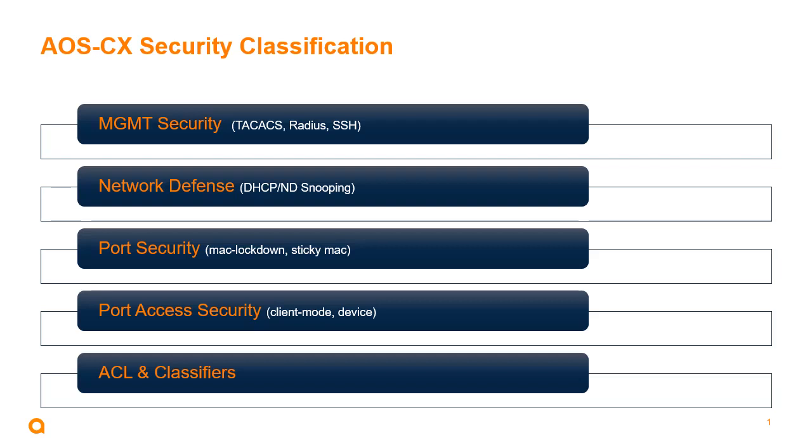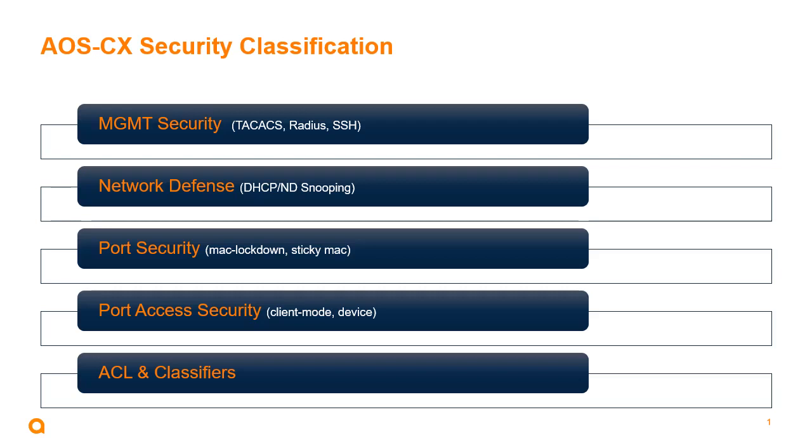Hence, these features are currently supported on AOS-CX 6000 and AOS-CX 4100i switches. Port security and port access security also become so important on access layer switches. Currently, these features are supported from the 10.04 release on access switches.